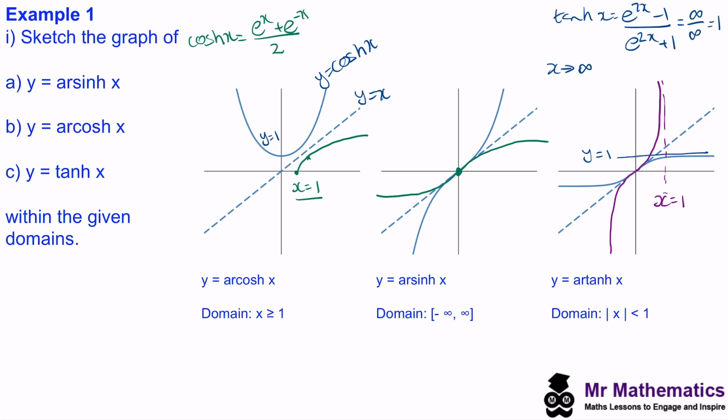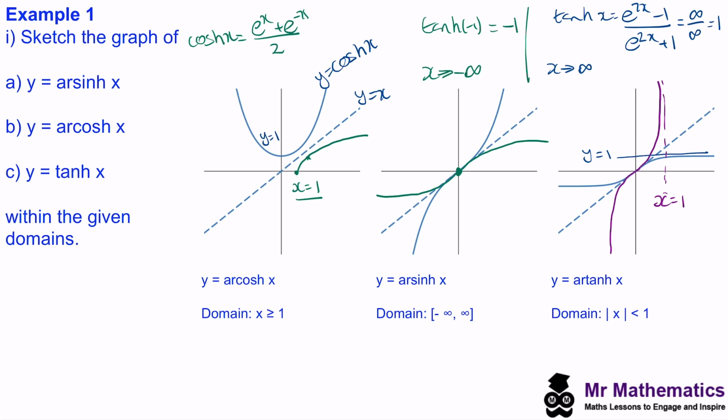If we now look at when x tends to negative infinity, we get e to the 2x, which is e to the negative infinity, so these become 0. Then you get negative 1 divided by positive 1. So tanh of x will become negative 1.